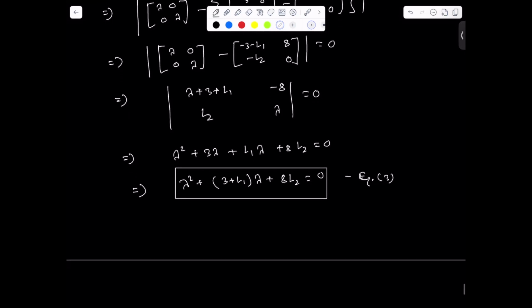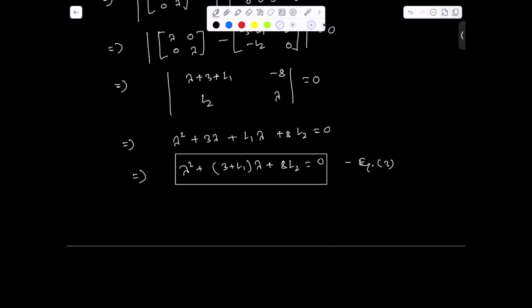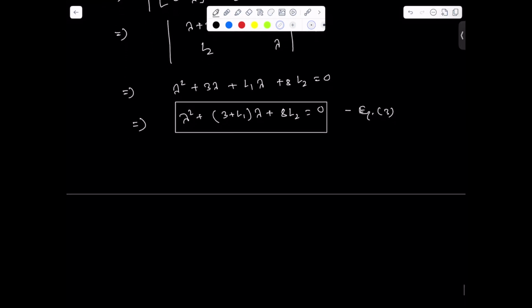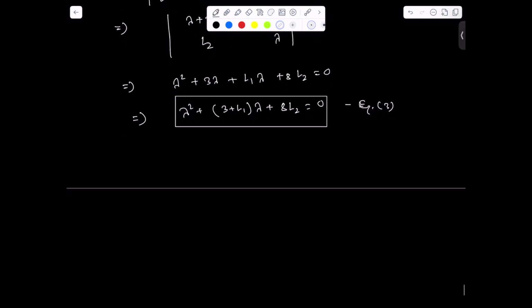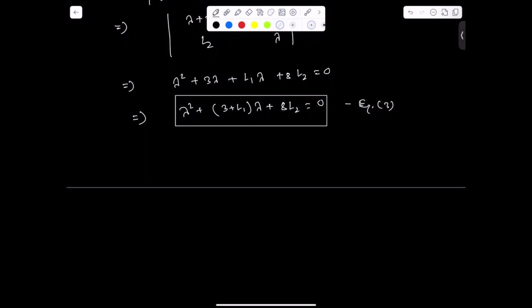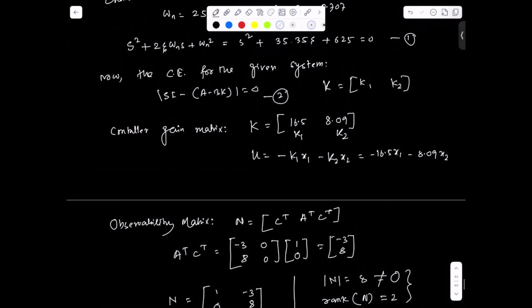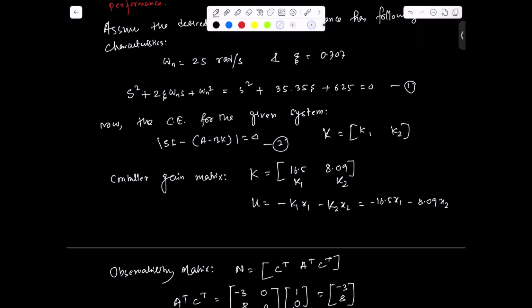So before that, we need to find the eigenvalues of our desired polynomial for feedback control design. So we have the desired polynomial for the feedback design. This is the equation we are having.